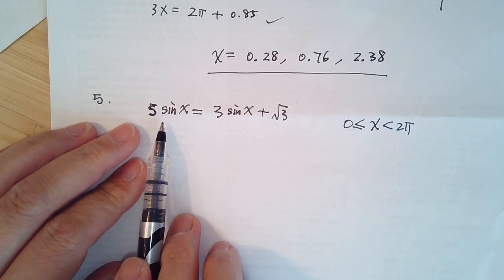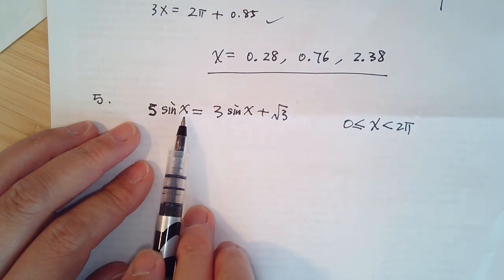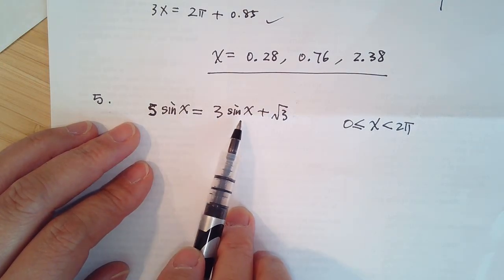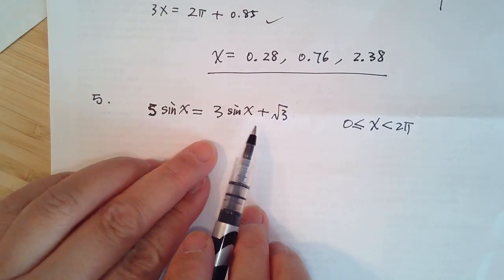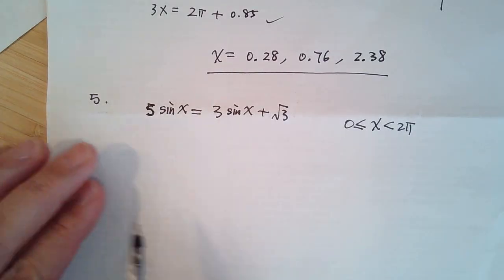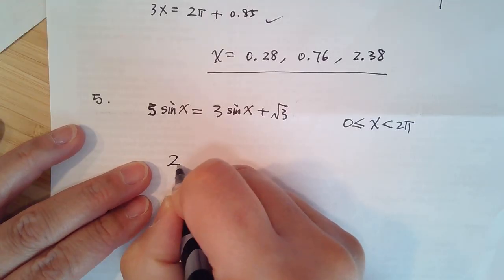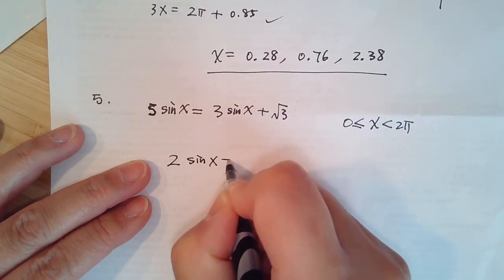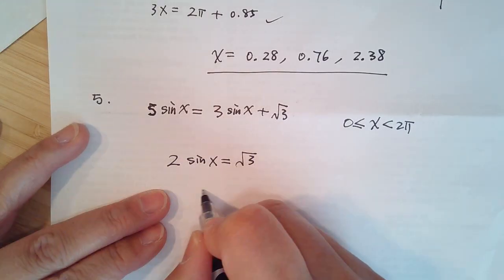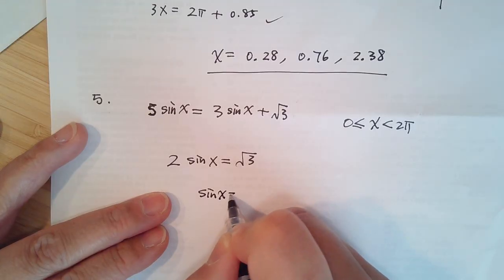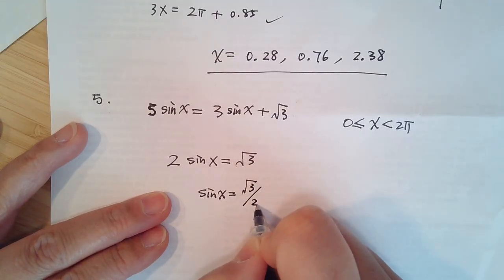Okay, so if I do this, 5 sine x equals 3 sine x plus root 3. I just move everything with x to one side, or I subtract this from both sides. 5 minus 3. So I get a 2 sine x equals root 3. Therefore, my sine x becomes root 3 over 2.